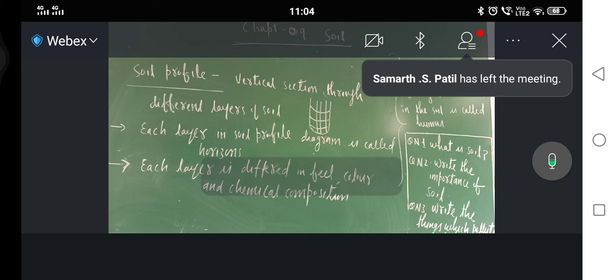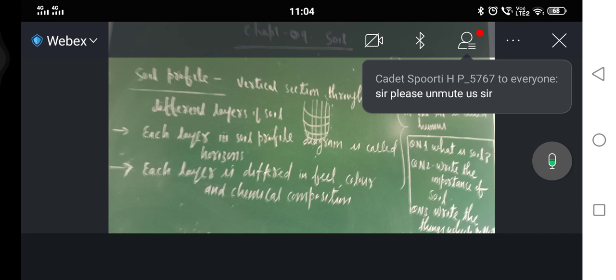The first question is, what do you mean by the layers of soil? So what you will write: the horizontal layers of soil are called the layers of soil. Then, name the different layers of soil. Next one is, what is humus, what is weathering, what is soil profile. Okay, let me write those questions.